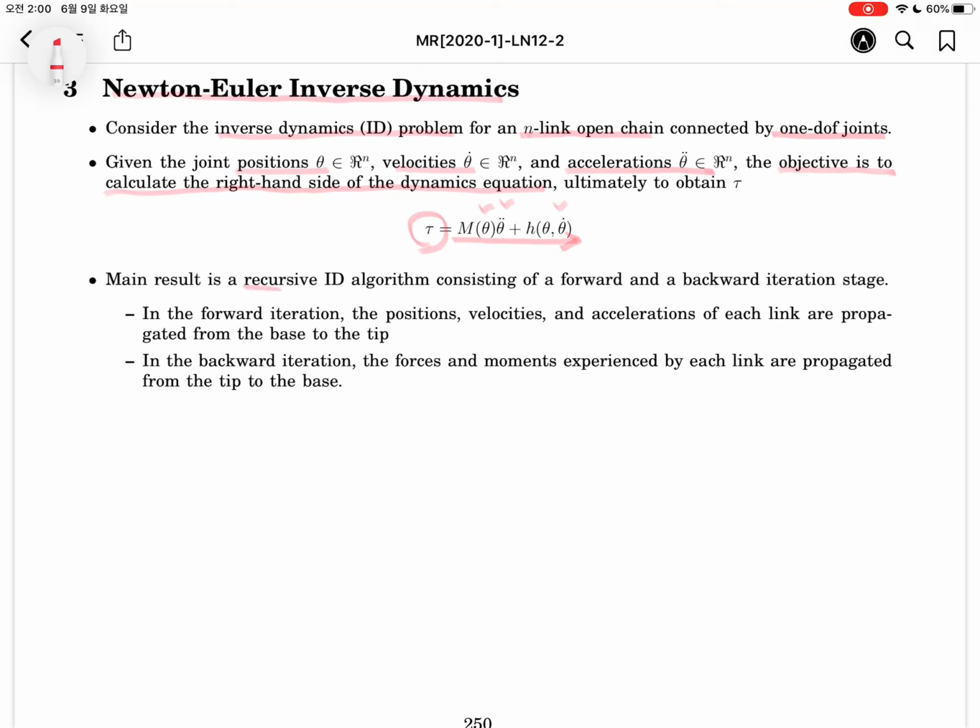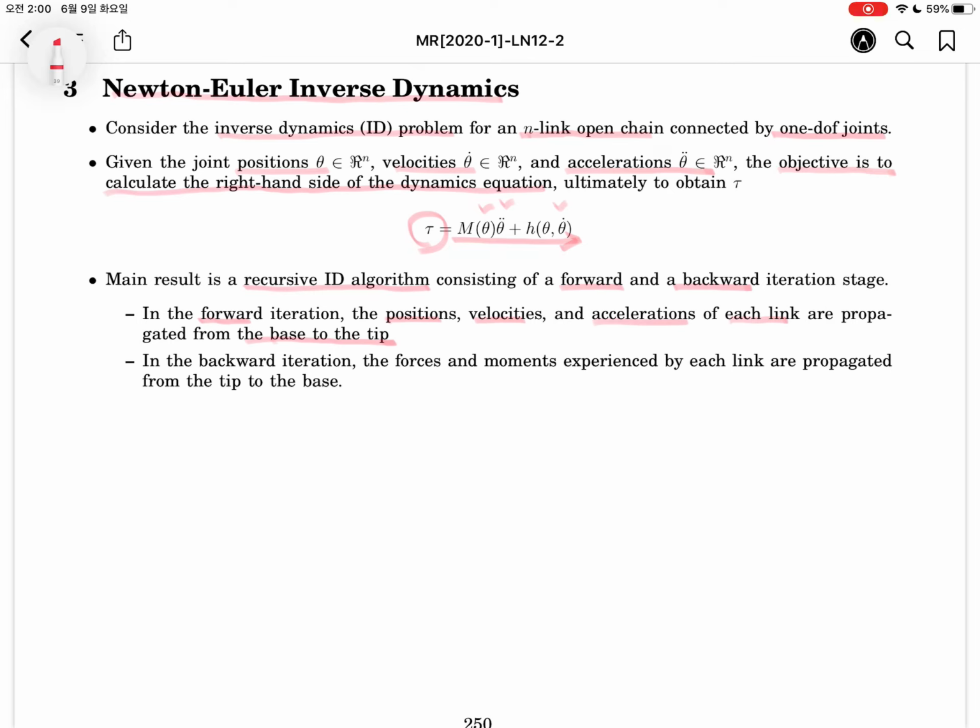Okay, the recursive inverse dynamics algorithm is composed of two steps: the forward step and the backward step. In the forward iteration, the position, velocity, and acceleration of each link, such as the twist and the time derivative of twist, will be obtained from the base to the tip.